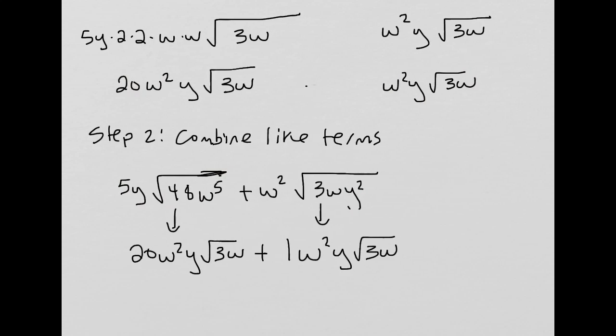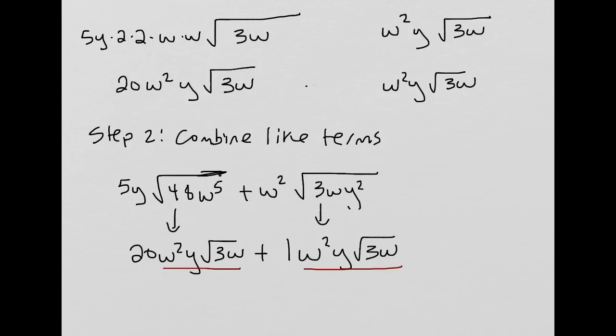So now I want to see if these two guys are really like terms. So I ignore the number in front. All I'm looking at is whether or not I have a common unit. And if you ignore the numbers in front, but you look at the rest of each term, notice that they're exactly the same. So that means I have a common unit.